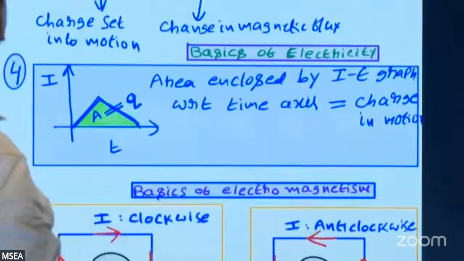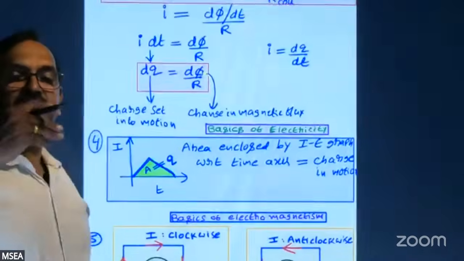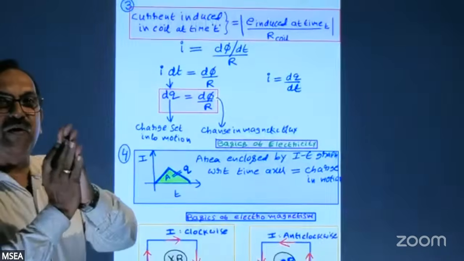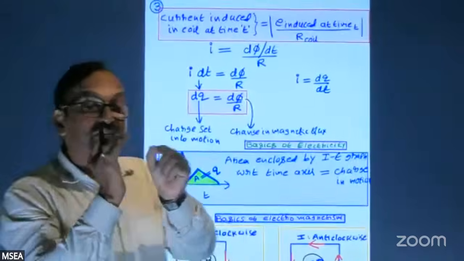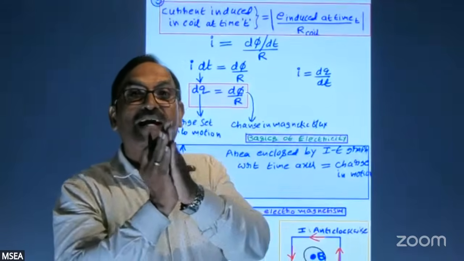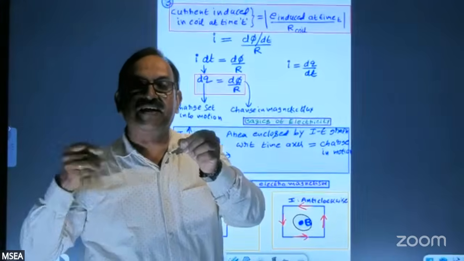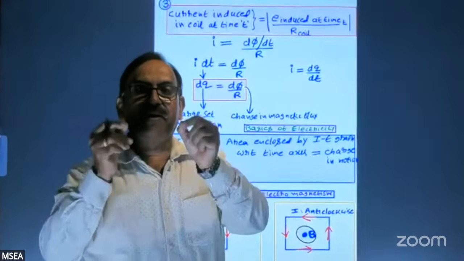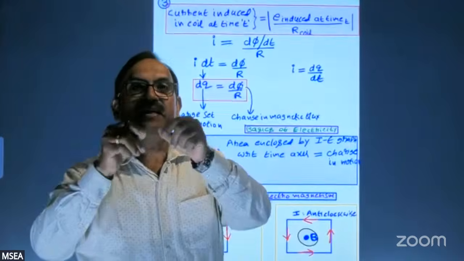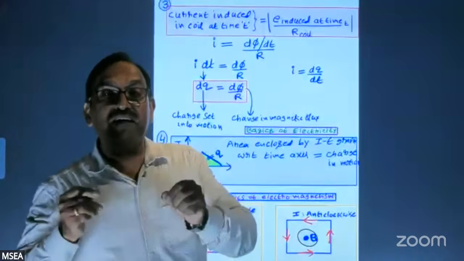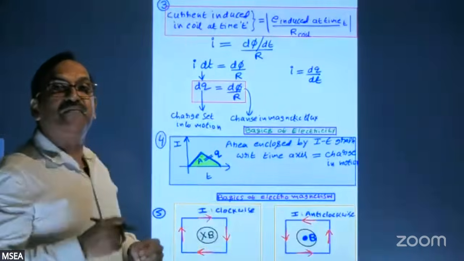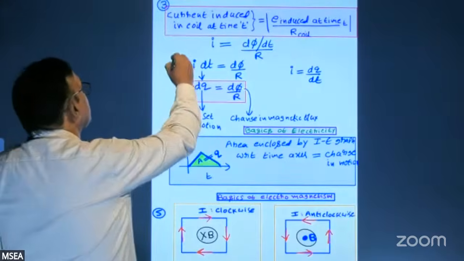Coming to the next point. Whenever EMF is induced in a coil, that particular coil is not just a coil now. It is almost a battery. You know that every battery will develop current. Whenever a battery is there in a closed circuit, it definitely develops current. Whenever EMF is induced, some current is induced there.